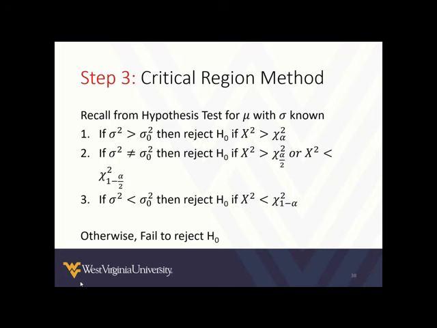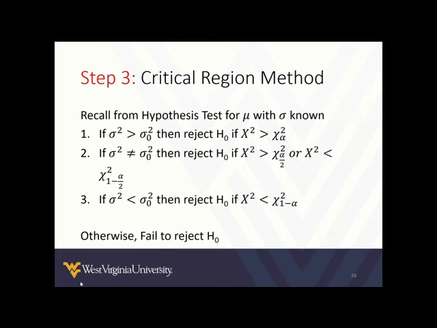If our sigma squared is not equal to our hypothesized value, and this is a little bit different, we will reject the null hypothesis if our test statistic is greater than chi-squared at alpha over 2, or if our test statistic is less than chi-squared at 1 minus alpha over 2.